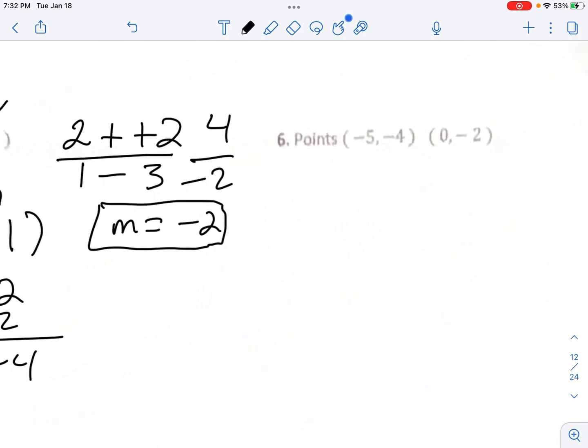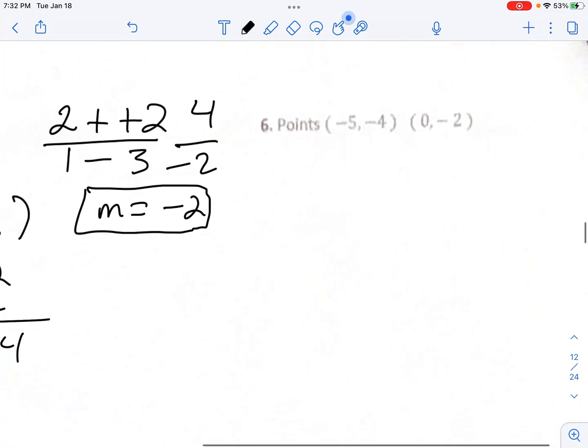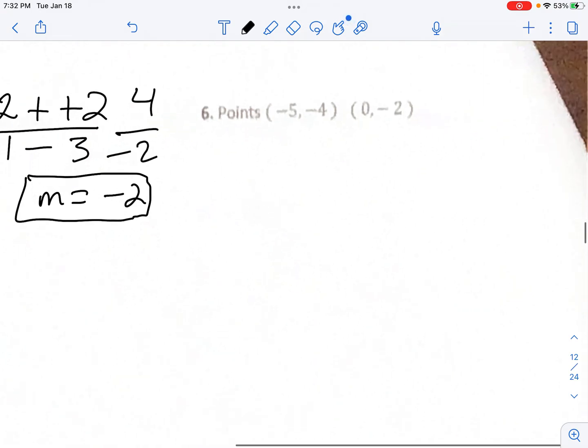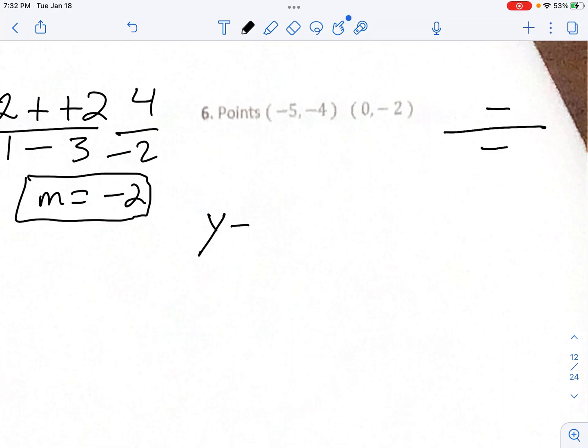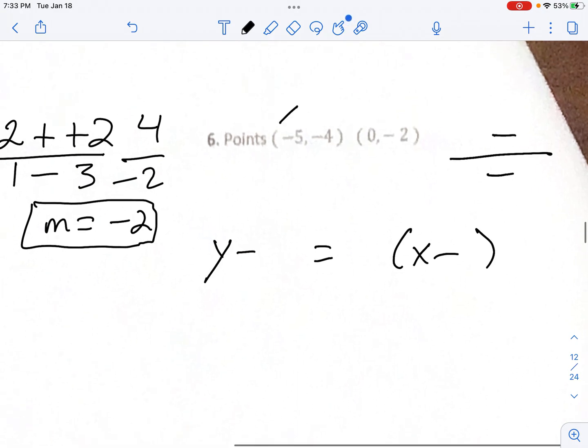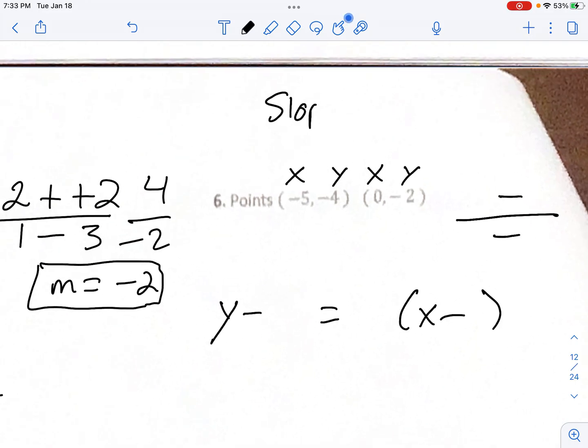So once again, you're given 2 points, you need two things. You need the slope setup. You also need the point slope setup. Slope is always first. Obviously I'm labeling your x's and your y's. Remember, slope is y over x.